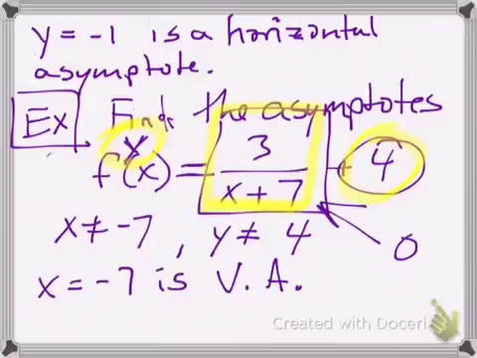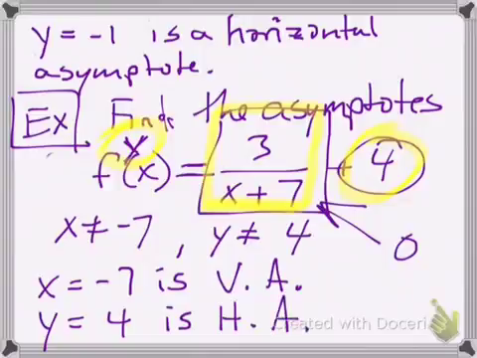Y equals 4 is the horizontal asymptote. So all we're doing is finding these excluded values. Next, after spring break, we're going to come back and revisit this concept and look at the graphs. What do these vertical and horizontal asymptotes have to do with the graph? All right, let's look at one more, and then I'm going to give you the formula.